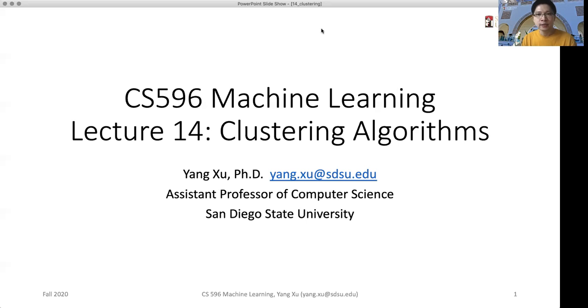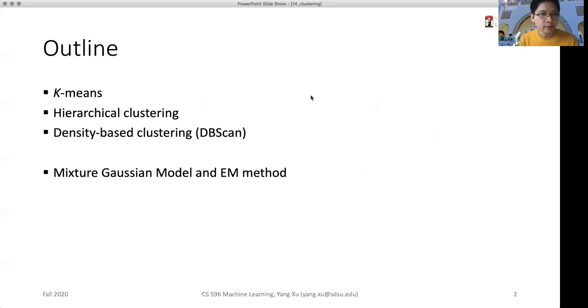So yeah, let's look at the outline. We will talk about K-means, hierarchical clustering, and density-based clustering first, because from the perspective of methodology, the first 3 types assign discrete labels, or discrete clusters, to the data points.